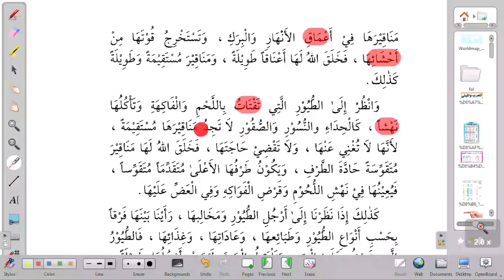La tajidu manakiraha mustaqimatan, you won't see their beaks being straight, لأنها لا تغني عنها, because it doesn't suffice it, ولا تقضي حاجتها, and it doesn't fulfill its needs. فخلق الله لها مناكير متقوسة, Allah created for it beaks that are mutaqawwisa. When we say mutaqawwisatun, it means it is curved.